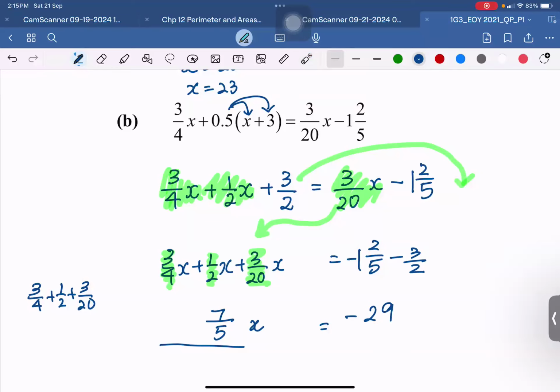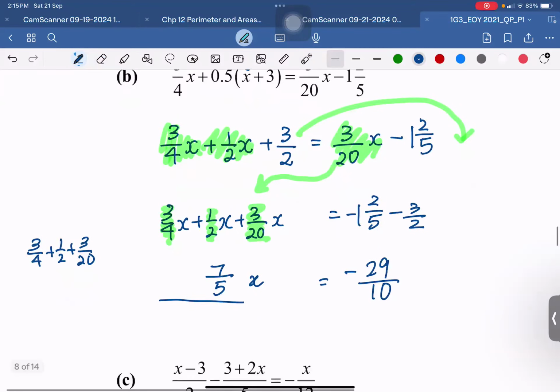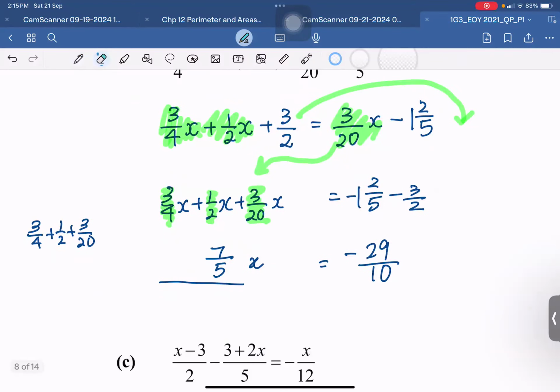Negative 2 and 9/10. Oh, improper mixed number, 29/10. Okay. Then now last step, Haris, how do you get x only? We don't want the 7/5. How to get rid of 7/5? Negative 29/10 divided by 7/5.